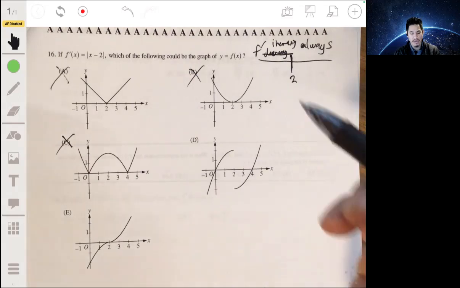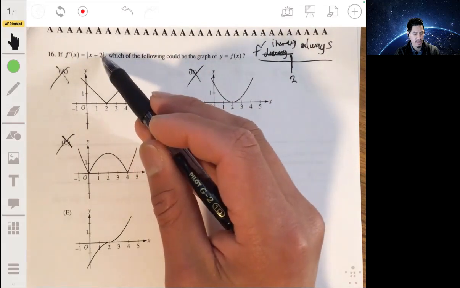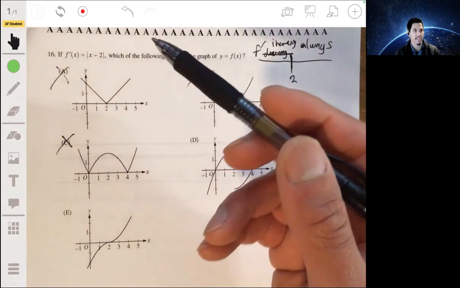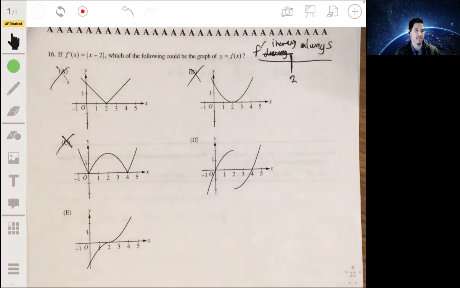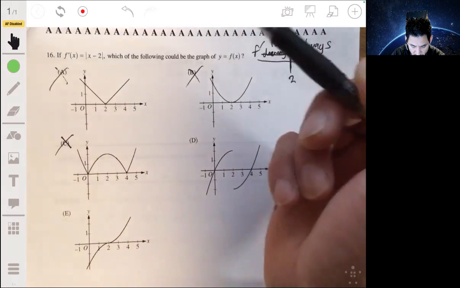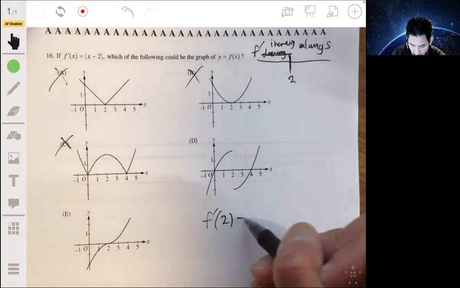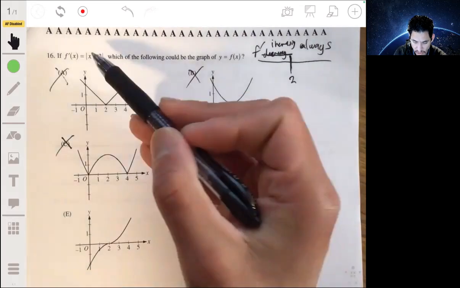Now, the issue with this is that it's telling you that the derivative is this function. So it's not telling you there's a point of discontinuity or that there's a gap or something undefined. So if you were to plug in 2 here, the derivative of 2 is just 0.